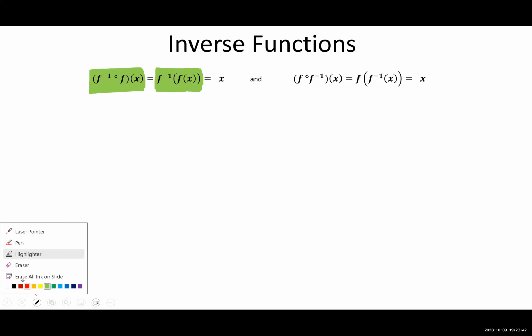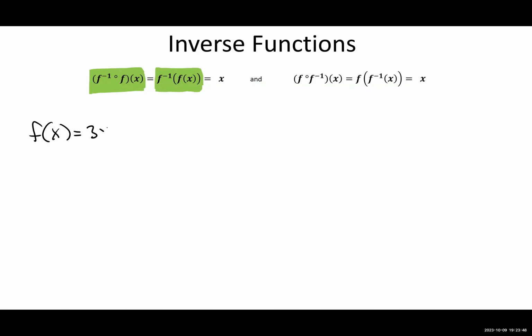So on the previous slide, we used f of x equals 3x plus 1, and g of x equals x minus 1 over 3.